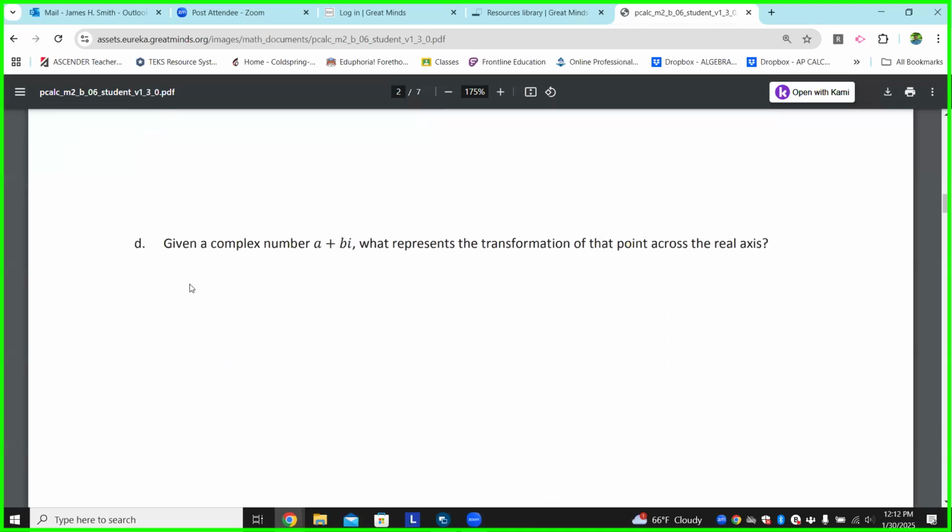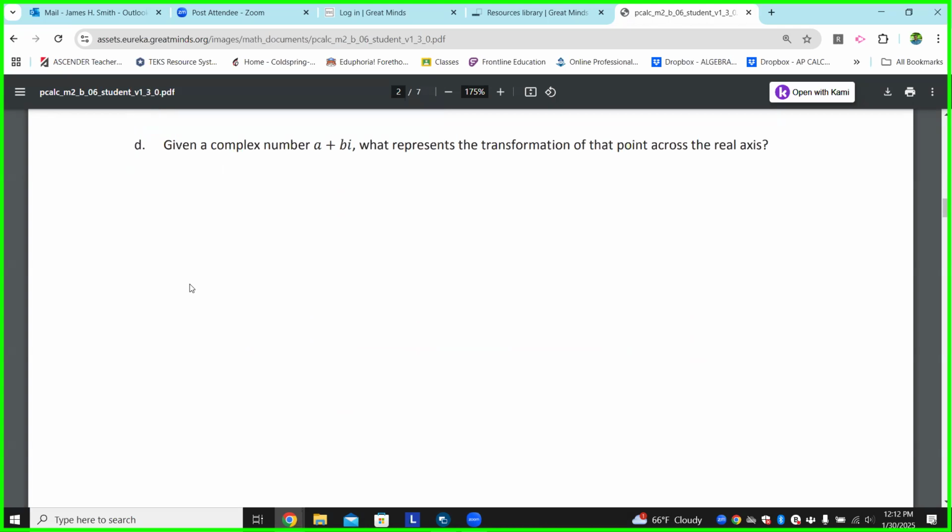All right, so this is where that's going to come in. Given a complex number, a plus bi, what represents the transformation of the point across the real axis? Okay, so I'll give you a generic one. Oh, I don't want the matrix yet, but we'll get there. I like that.